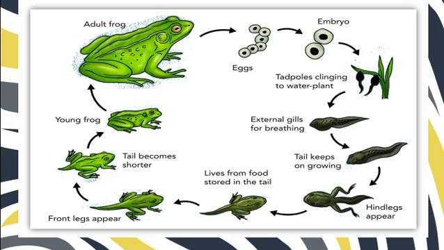The front legs are formed and the tail becomes shorter and disappears, detached from the body, and finally the adult frog. So this complete cycle is what we call metamorphosis in the class of amphibia.